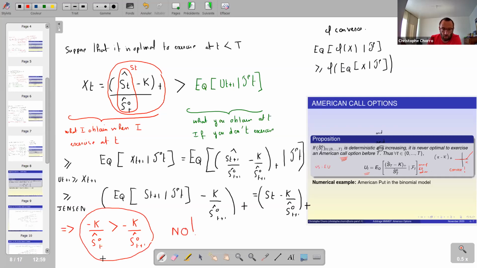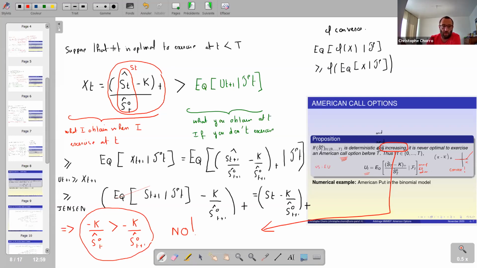Why is it not possible to have this? Because I have supposed that my risky asset is increasing. And here, if I have this inequality, it implies that S0 t plus 1 is strictly less than S0 t, something that is not possible.